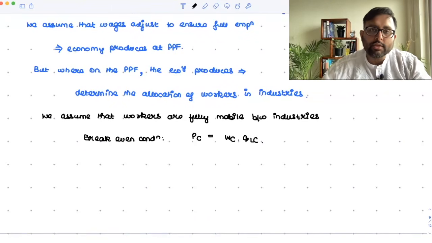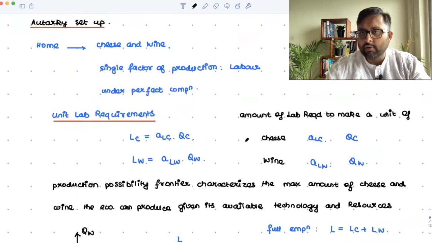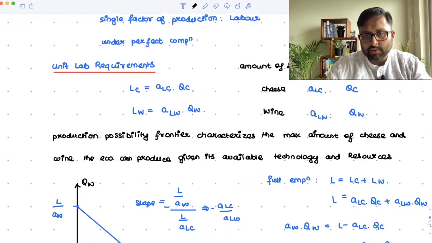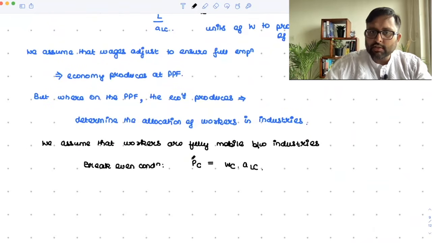ALC is how much labor is required to produce a unit of cheese. That's what you have said out here, the amount of labor required to produce a unit of cheese. So for 1 unit of cheese, you're going to charge PC.